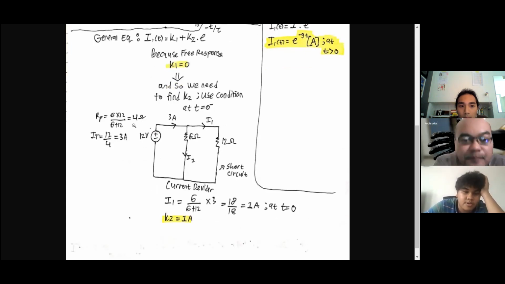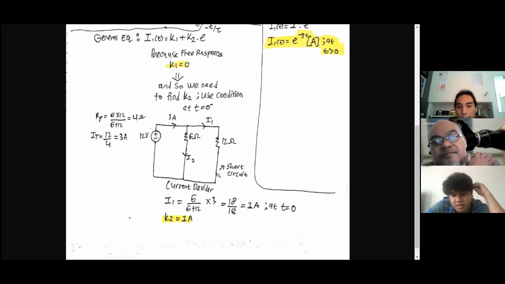Then we calculate the total current, which is 3 ampere. From the circuit, the inductor becomes a short circuit. Then we use the current divider to find I1. Then we find K2 equals 1 ampere.